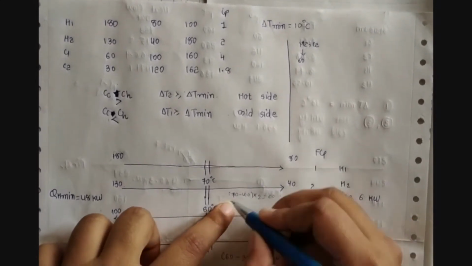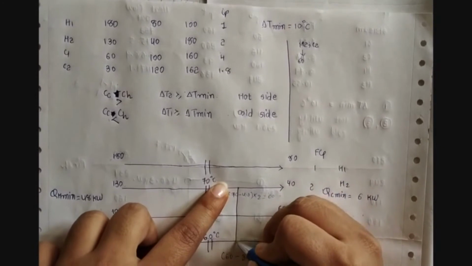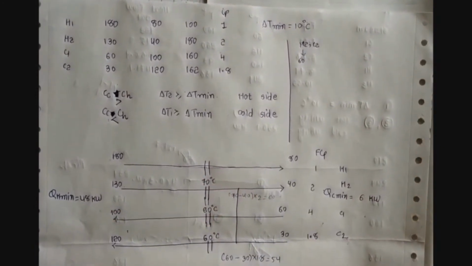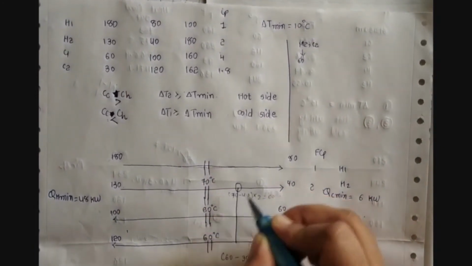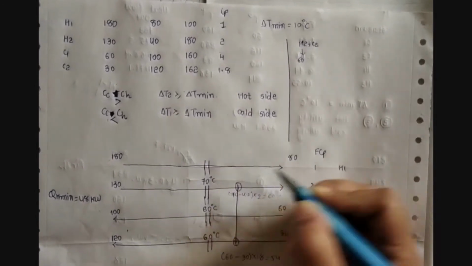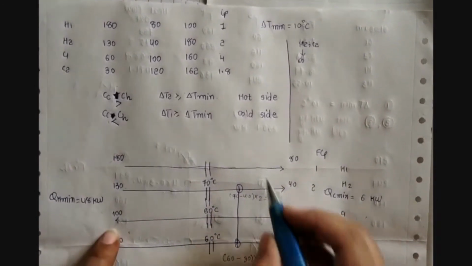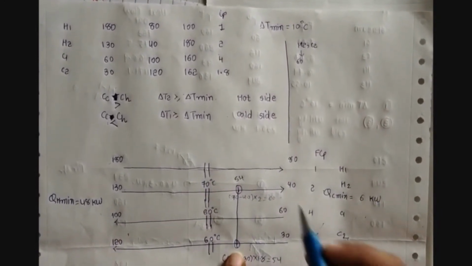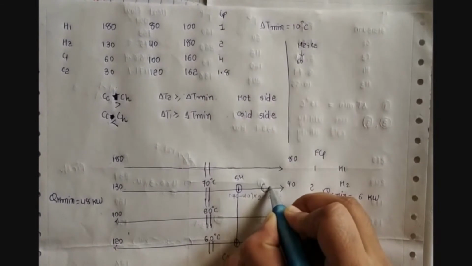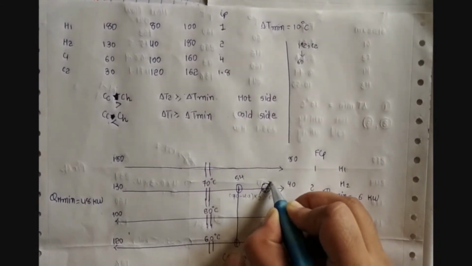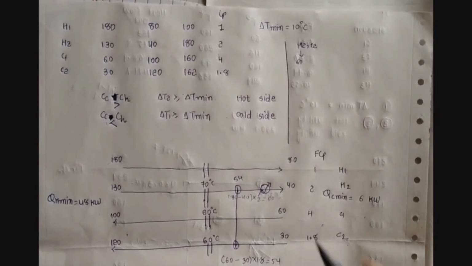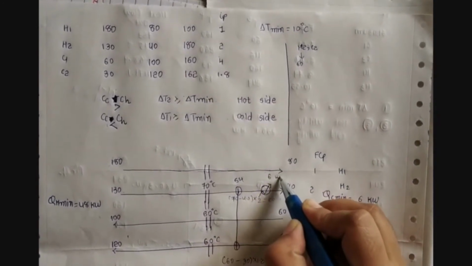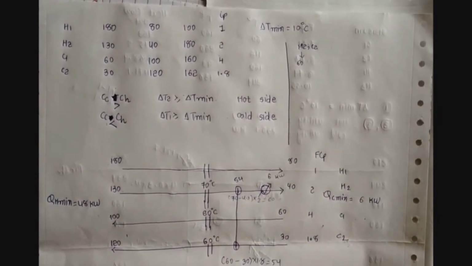So we will transfer this heat; a total of 54 kilowatt is supplied by C2. Now the remaining heat we will remove by the cold utility, that is QC minimum, 6 kilowatt. So here we get the minimum utility target.